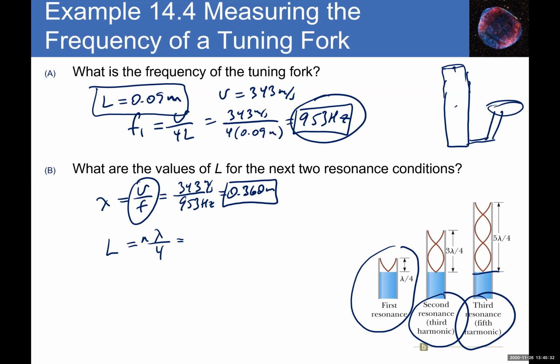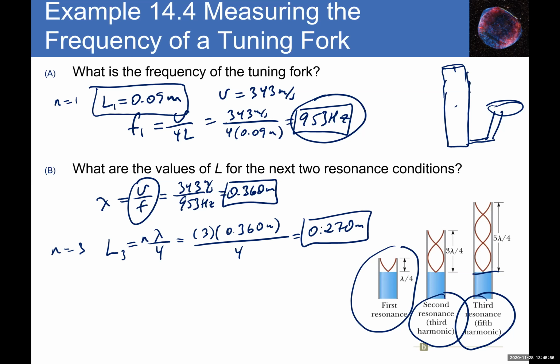So the L for the second resonance, or in terms of L equals 3, right? Because this is for n equals 3. This was for n equals 1. So this will be 3 times 0.360 meters divided by 4, and we're going to get 0.27 meters.